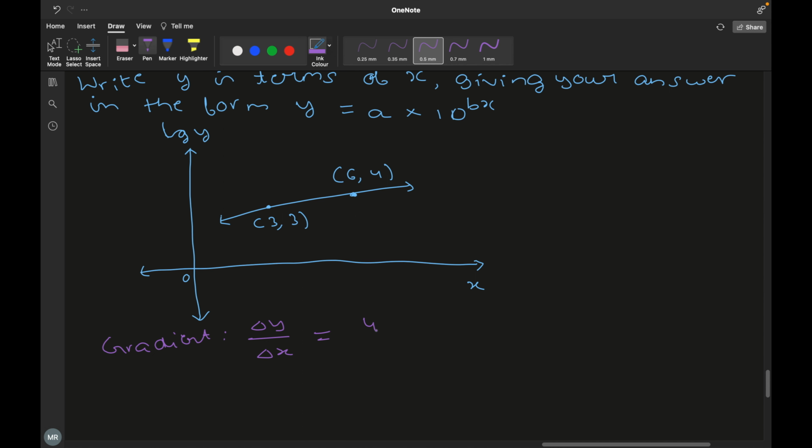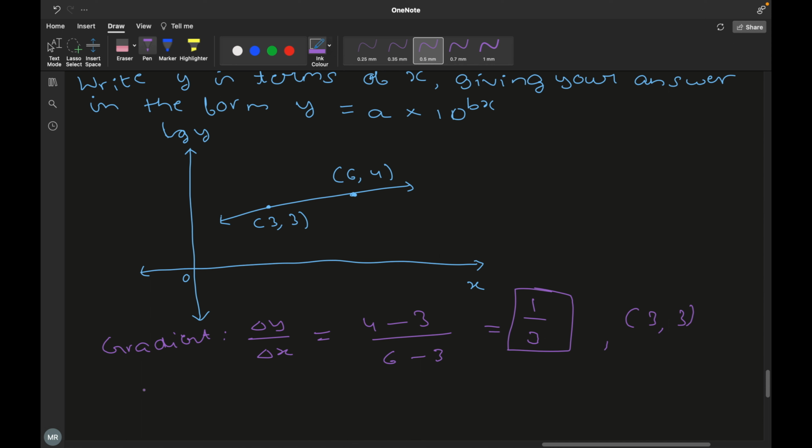So first it would be 4 minus 3 divided by 6 minus 3, which is 1 by 3. So that will be the value of m. And now let's use this coordinate, which is 3, 3, in order to find our equation.